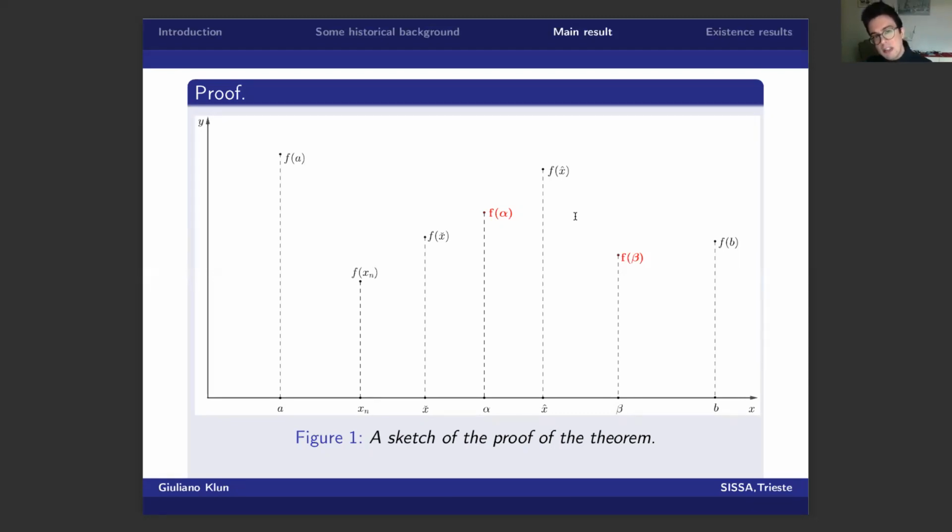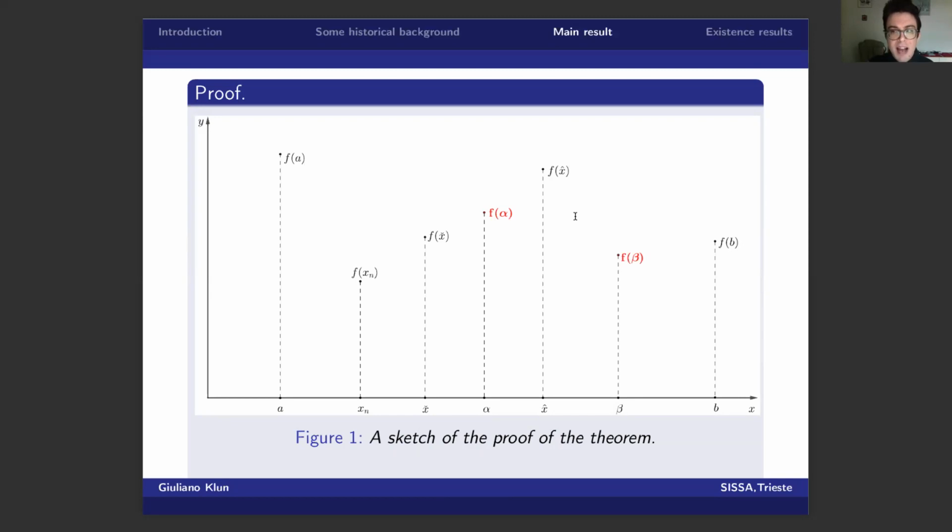Suppose by contradiction that there exist two points alpha and beta such that alpha and beta are greater than x check, alpha is less than beta, but f(alpha) is greater than f(beta). In this hypothesis, we can find an n sufficiently big such that f(x_n) is less than f(alpha), because f(x_n) converges to the infimum.